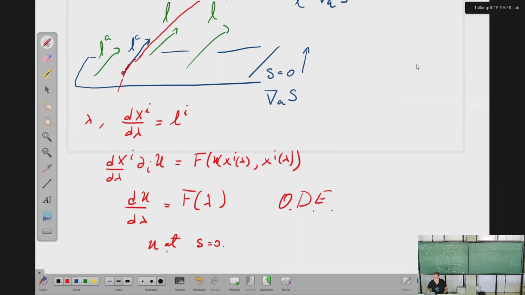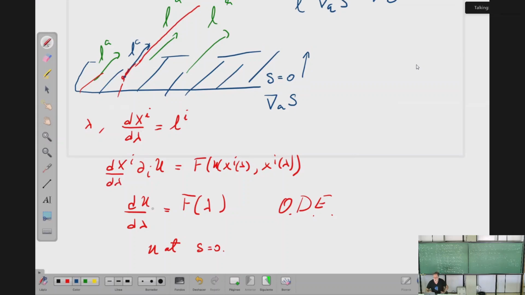So the idea is you give u here in this S surface, and then you can evolve along each line.